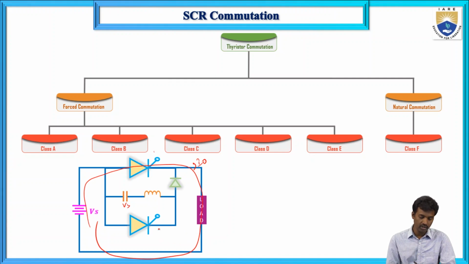To turn off T1, first I will turn on the auxiliary thyristor TA, and the LC circuit is resonating in nature, and it will go negative. Now this diode is forward biased and current flows in the reverse direction. This is current commutation.